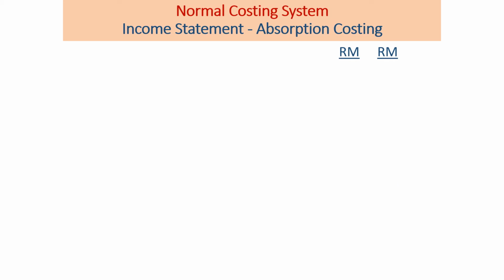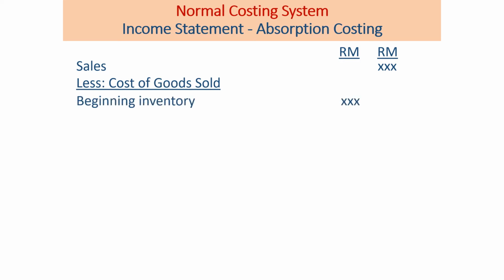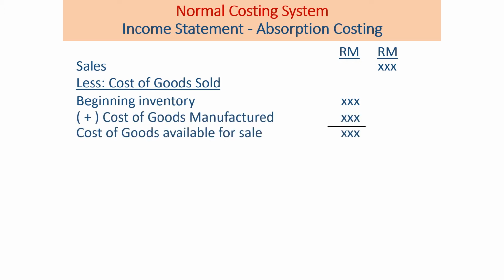This is the income statement, absorption costing under the normal costing system. The format is sales less cost of goods sold, with the beginning inventory plus the cost of goods manufactured. We get cost of goods available for sale, less ending inventory.